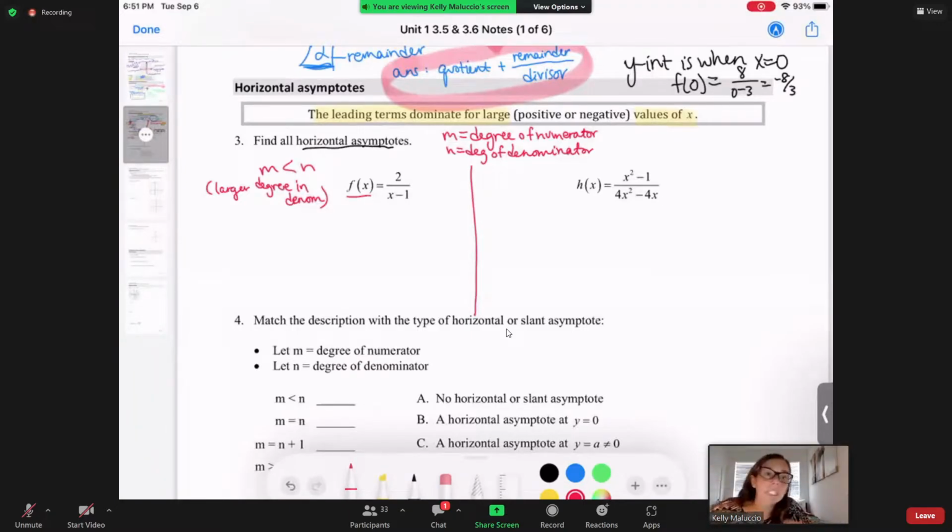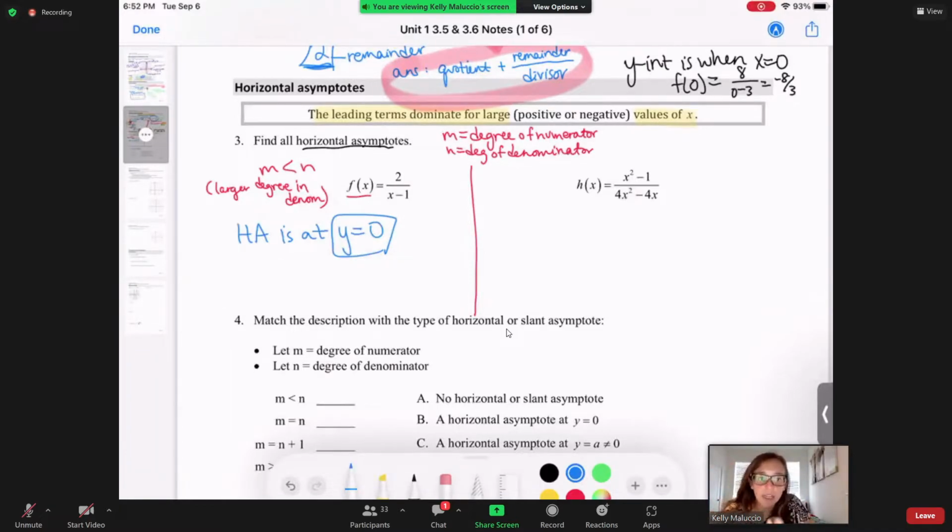The nice thing about this is whenever this happens, you have a horizontal asymptote at y equals 0. So the answer here is HA is at y equals 0. And it's solely because the degree in the denominator is bigger, right? If you just remember that, you don't ever have to worry about it.